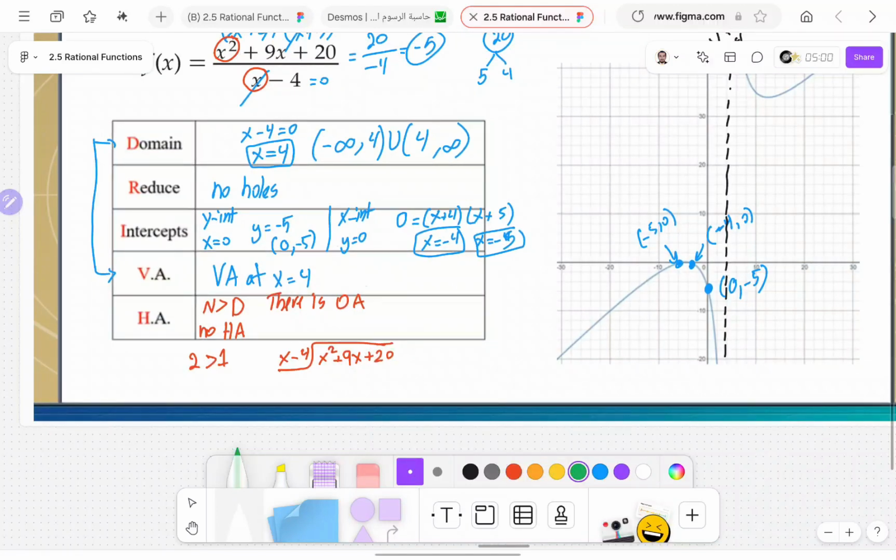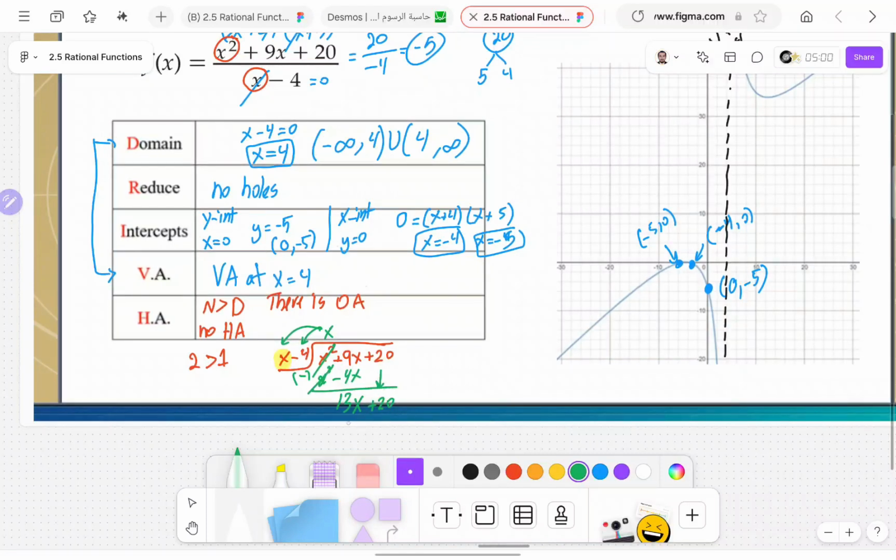Now let's simplify this. We take the first term divided by the first term, divided by x. So the answer is x. Then we distribute, so it becomes x squared, then x times negative 4, negative 4x. Then we subtract them. The first term always cancels. Then 9x minus negative 4x becomes 13x. Then we bring down positive 20.